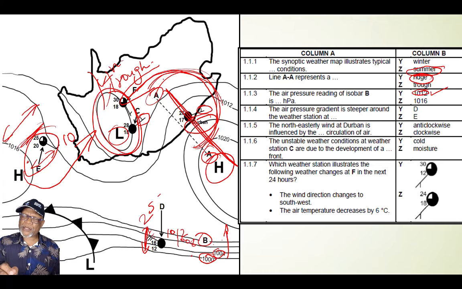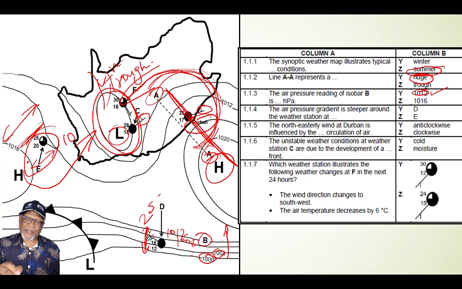So the warm, moist air going there and the cold, dry air going there. Warm, moist air is lighter and is going to be forced to rise, while the cold, dry air from the South Atlantic is going to undercut the warm, moist air or the northeasterly winds from the South Indian high pressure.